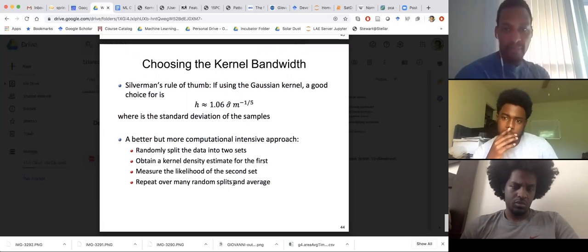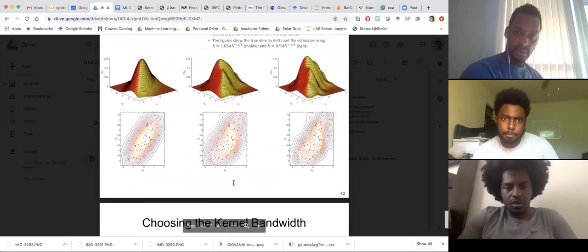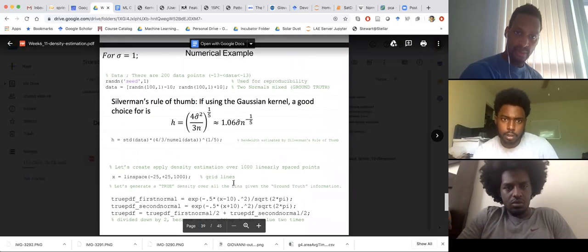Yeah. What's M? M is the number of data points? No, I think M was the total number of bins, right? I think you're right. Well, N was the number of.